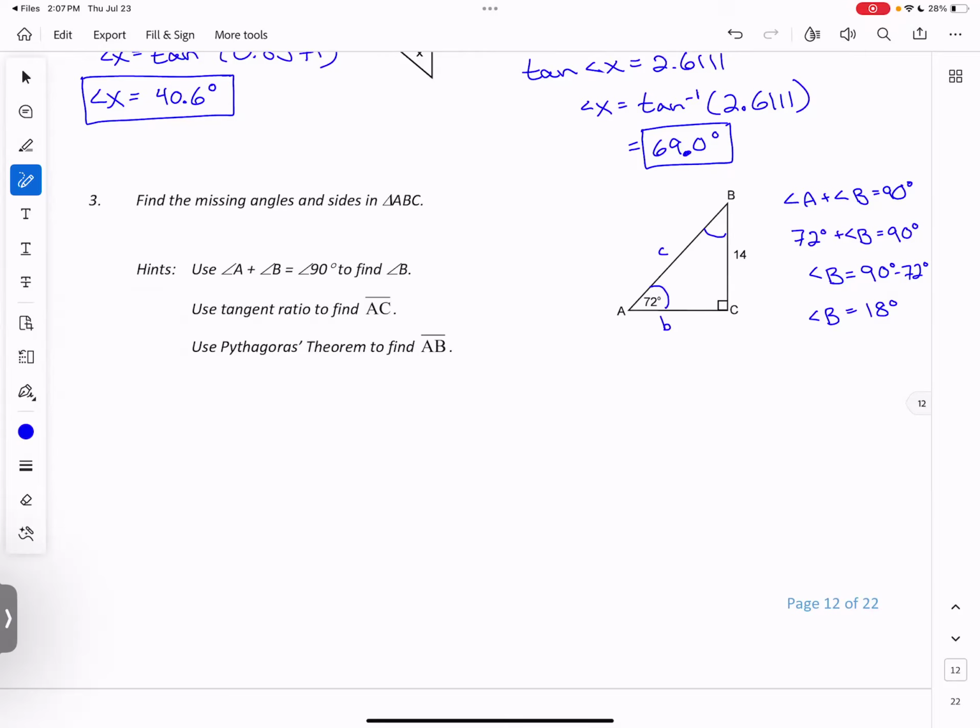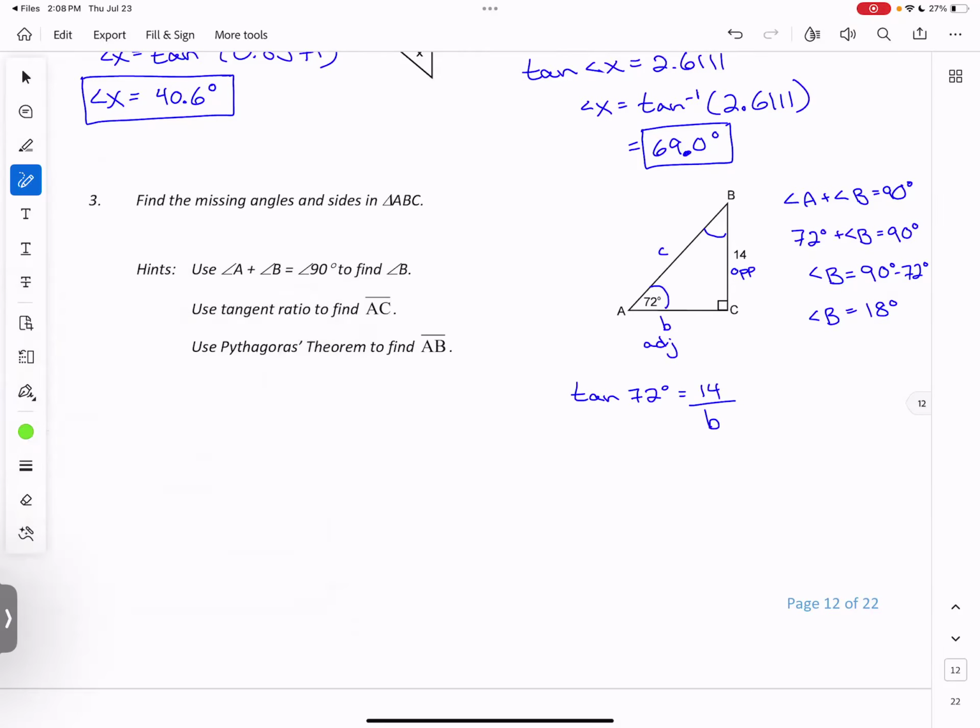So I'm going to try to use the 72 degrees rather than the 18 degrees I just calculated where possible. So I'm going to consider that my target angle. If that's my target angle, this 14 is my opposite side and b is my adjacent. So tan of 72 degrees is opposite over adjacent, which is 14 over little b.